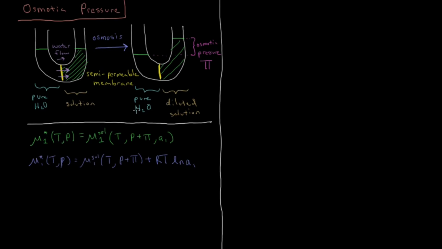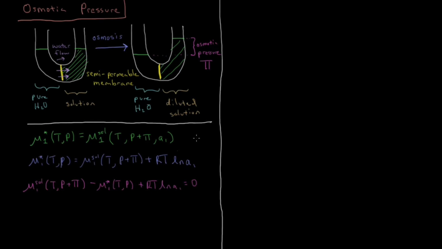Okay, so I'm going to move over this chemical potential of water at the two different pressures here. So we're going to have our chemical potential of water in solution at high pressure minus chemical potential of water at low pressure plus RT log activity equals 0.